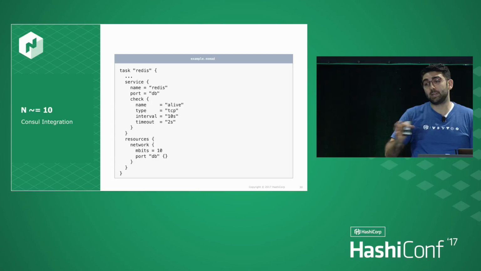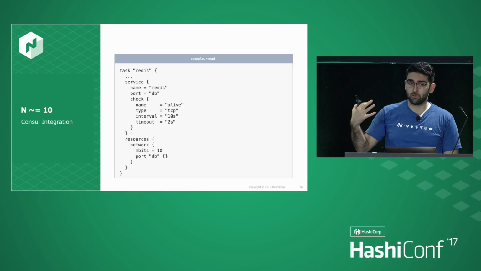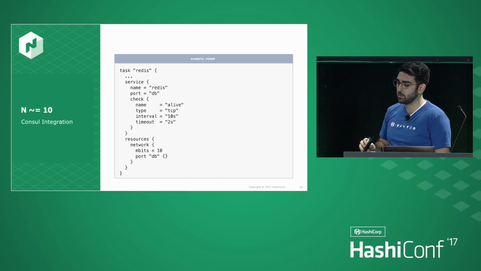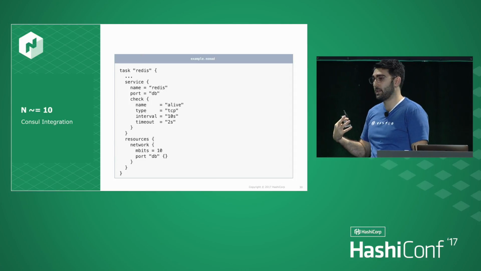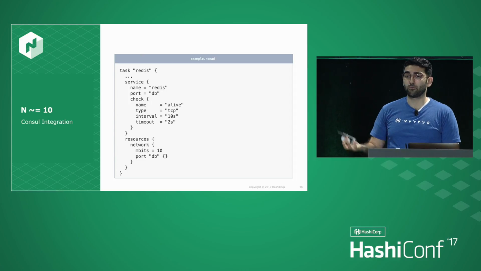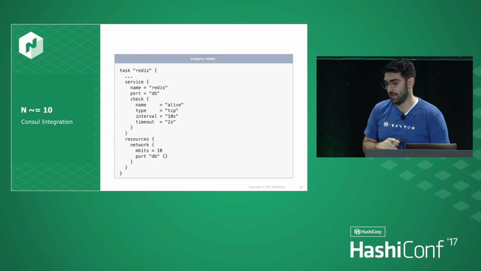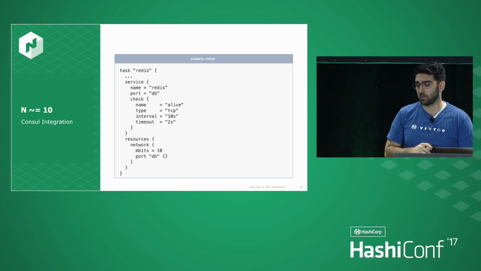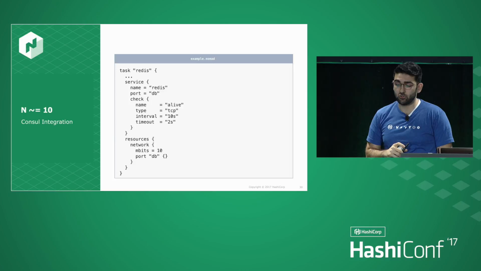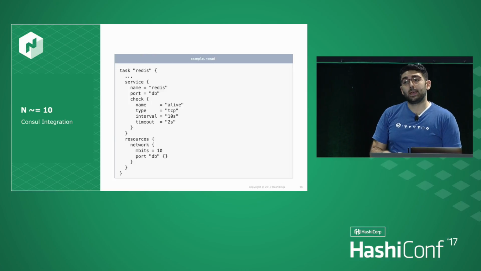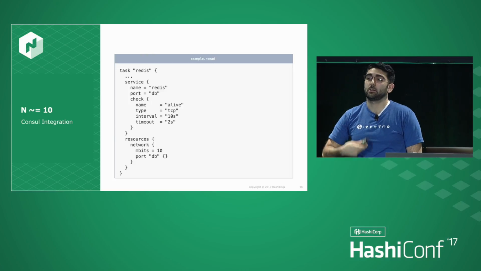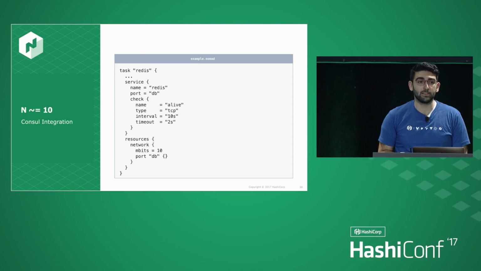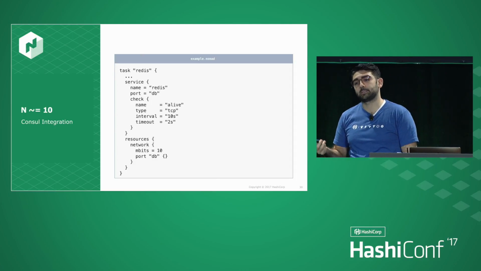So you may not know what port you're on until it's been placed on a node. So with this service block, what Nomad will do is once it's placed, it'll register the service with Consul so other applications can discover you within the cluster. And the embedded checks, which you can add, then run health checks against your task so that you know whether the task is healthy or not.